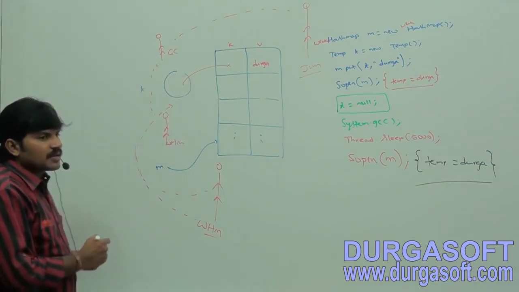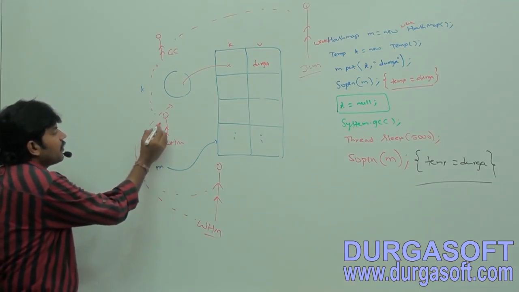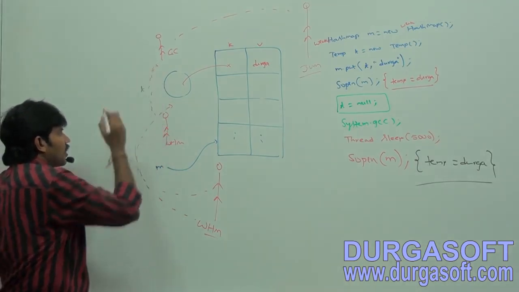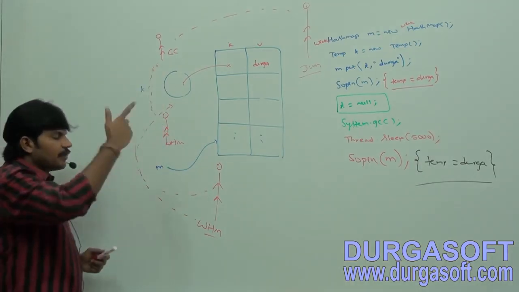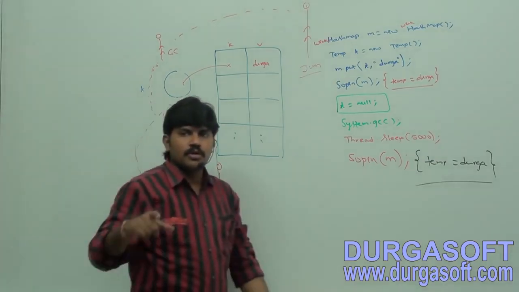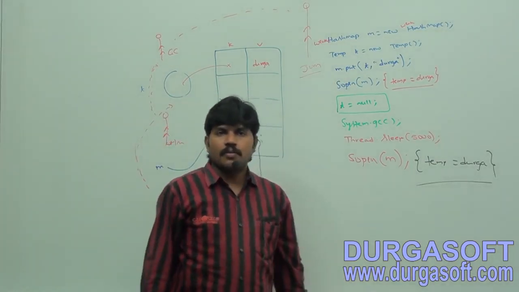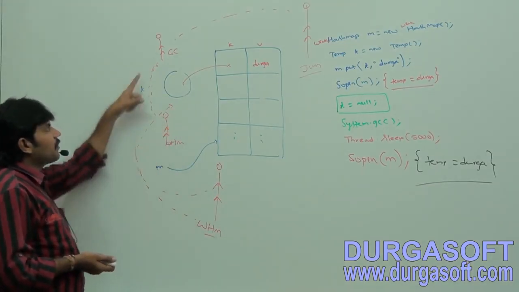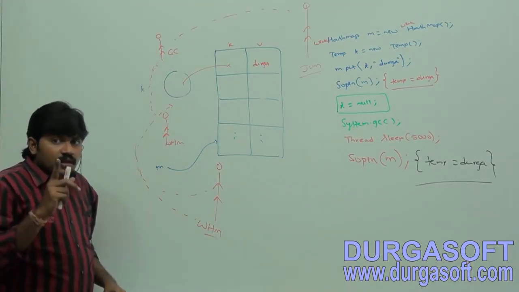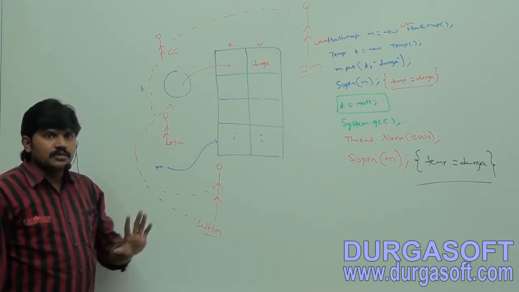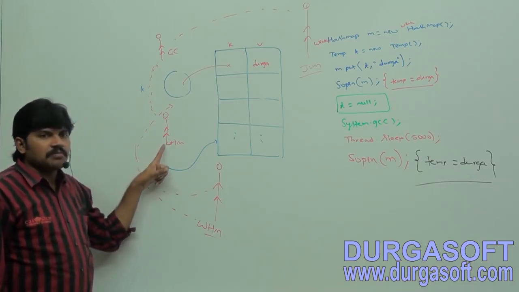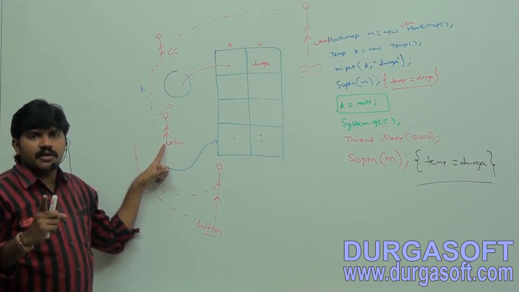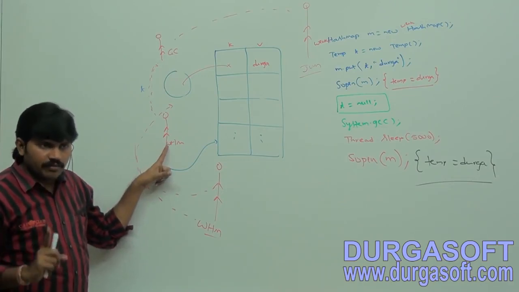Then immediately the WeakHashMap went nearer to the garbage collector and asked, hey garbage collector, why are you in this location? The response from the garbage collector is simple: hey WeakHashMap, you are already weak.